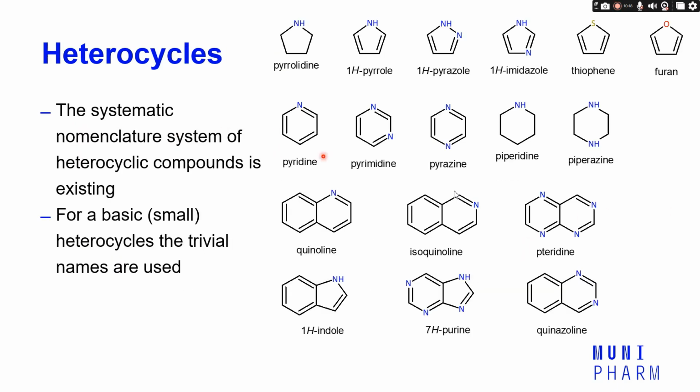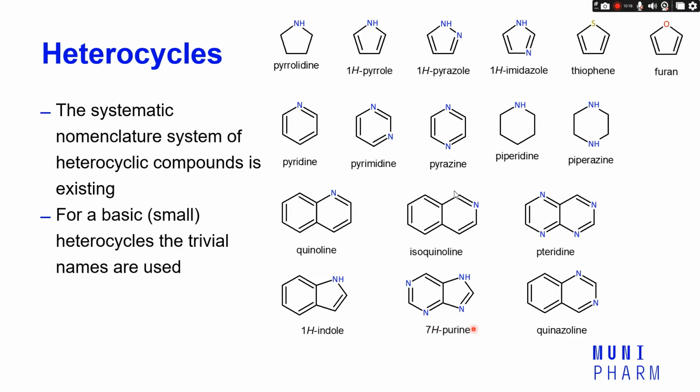A lot of compounds and of course also drugs contain a heterocyclic ring, which means that it is a ring which contains not only carbon but some other atom. The nomenclature system of this kind of compounds is quite complicated, and it is not necessary to know it for this purpose.